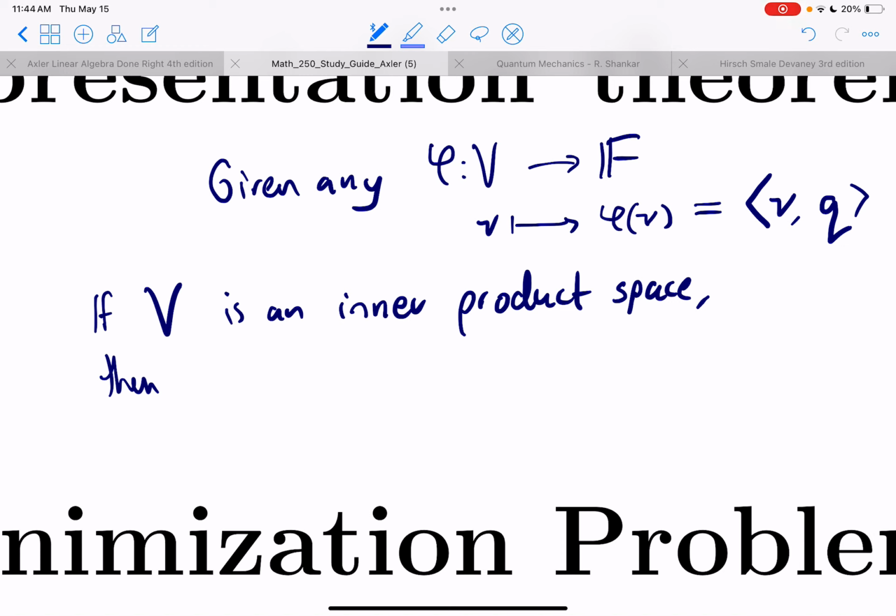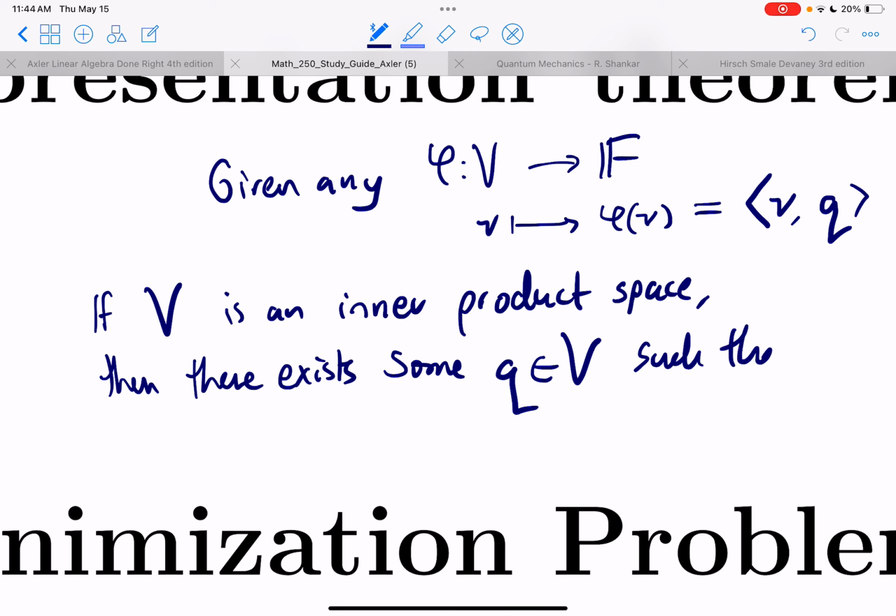So there exists some q in the inner product space such that doing the linear map phi of v was really just taking the inner product of v with q.